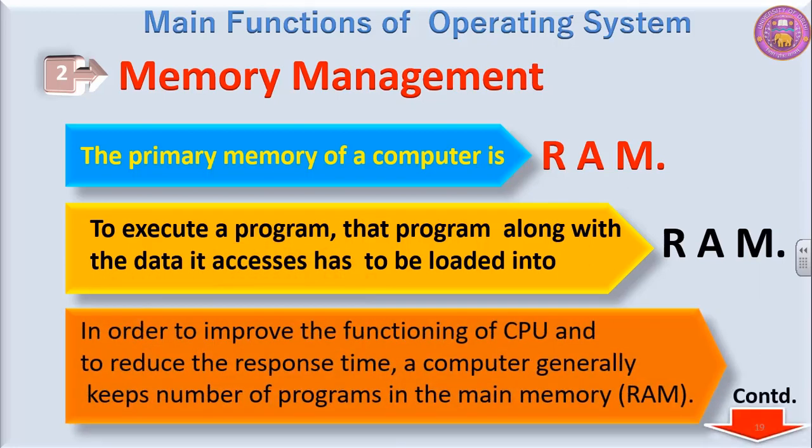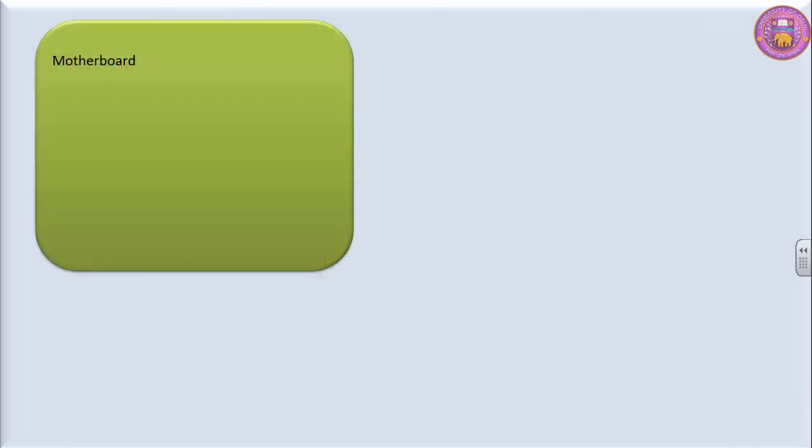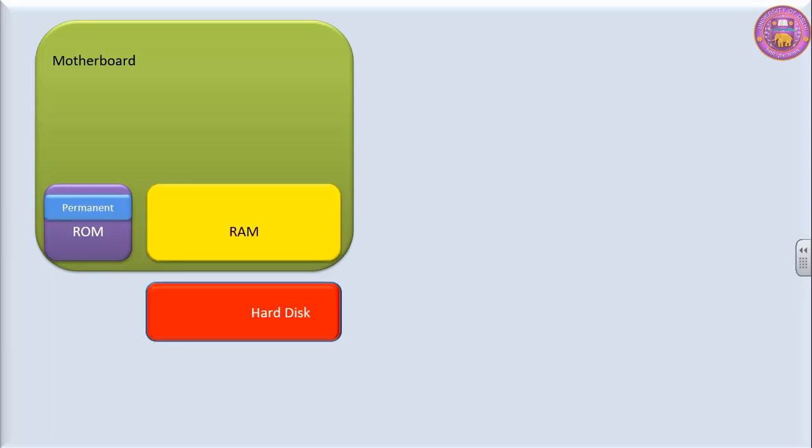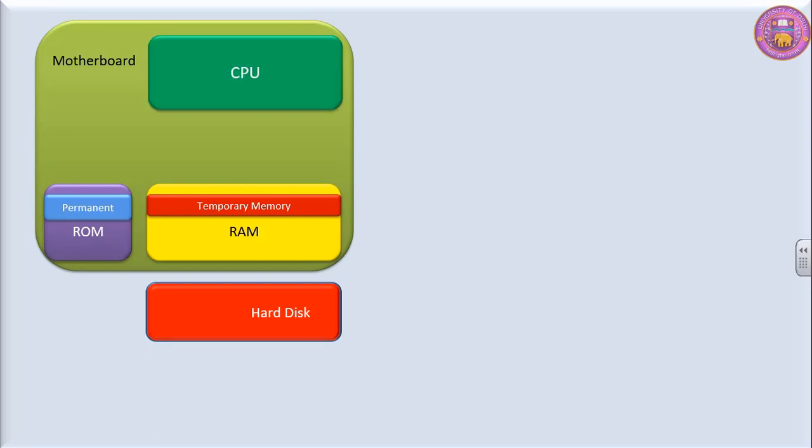In order to improve the functioning of CPU and to reduce the response time, a computer generally keeps number of programs in the main memory. Now look at this particular example in detail. We have motherboard, we have ROM, which is permanent memory, hard disk, RAM, which is temporary memory, and CPU.